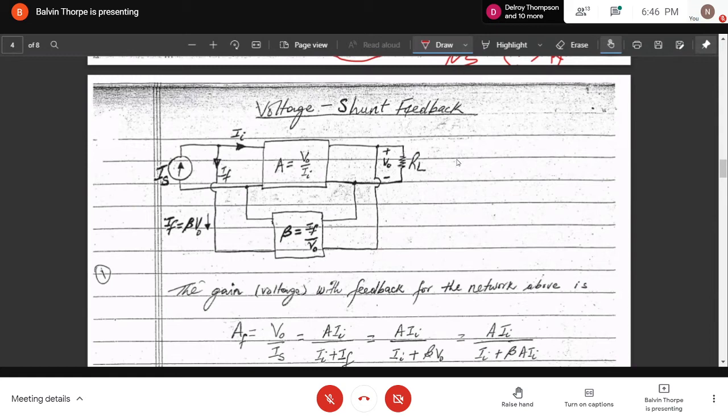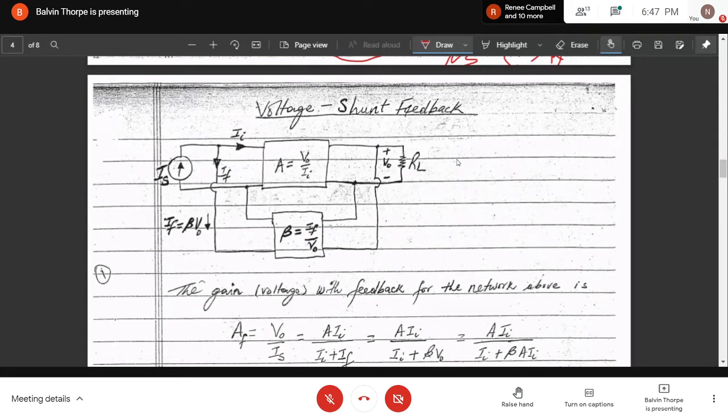And I went through the process and you agree with me that the gain of a network is the output quantity over its input quantity. You guys agree with me? And then I said to you, what's the input quantity of this network? You told me that it was IS. I said, what's the output quantity of this network? You told me it was VO.